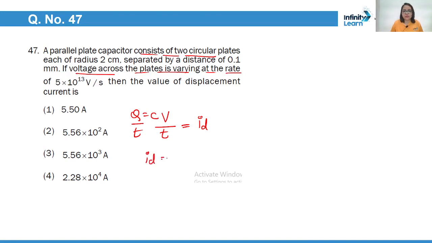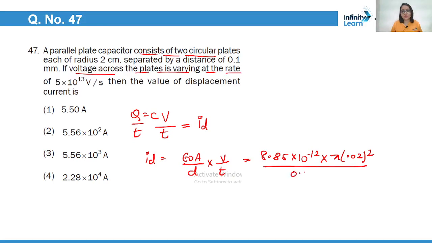So ID will be CV, which is epsilon naught A upon D into V by T. So epsilon naught is 8.85 into 10 power minus 12. A is pi r square. So pi into 0.02 whole square divided by D, that is 0.1 into 10 power minus 3 into V by T, that is 5 into 10 power 13. So after solving this one, you'll get the value as option 3, that is 5.56 into 10 power 3 ampere.